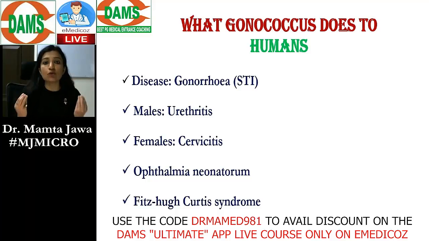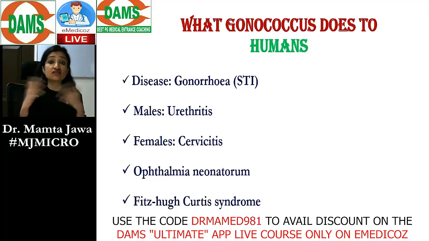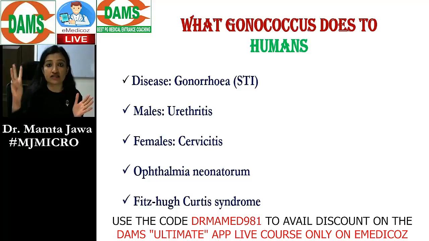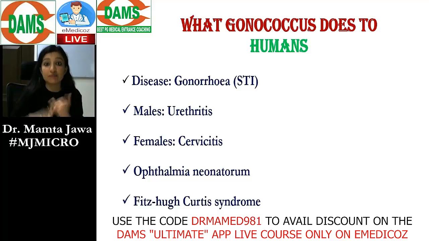Then the third complication which could happen is disseminated gonococcal infection, wherein the gonococci are literally swimming in the bloodstream. They can go here and there. They can cause systemic manifestations, and the most important ones are, remember, TRS: tenosynovitis, rash and septic arthritis. I repeat, TRS, tenosynovitis, rash and septic arthritis.